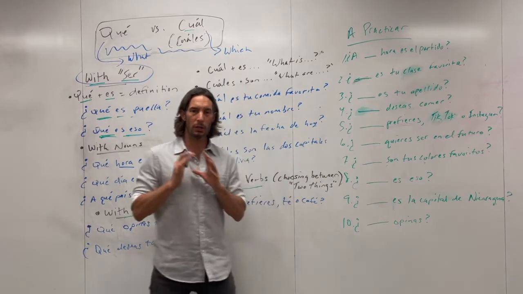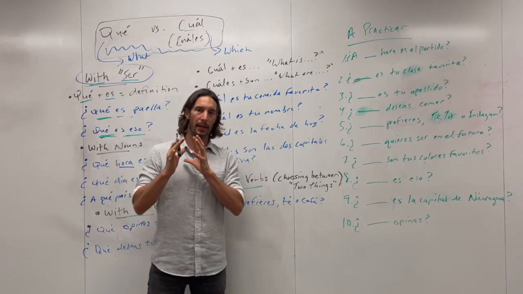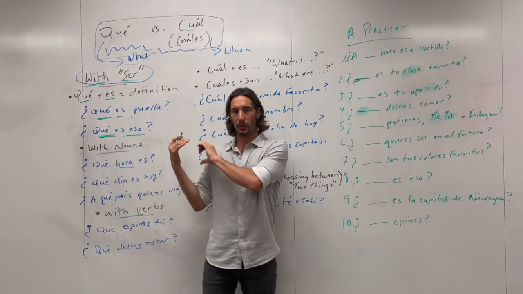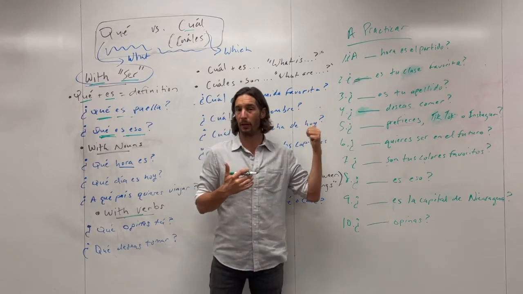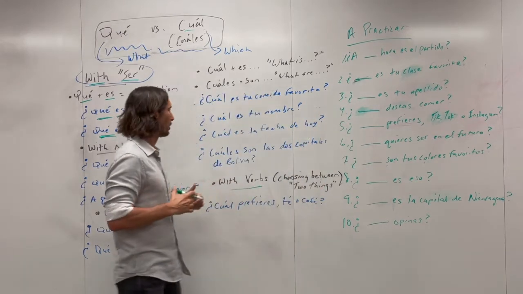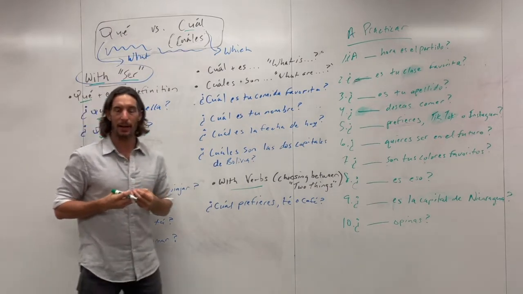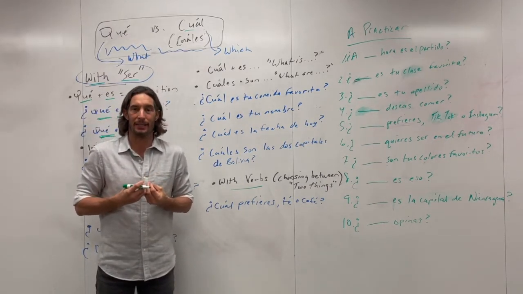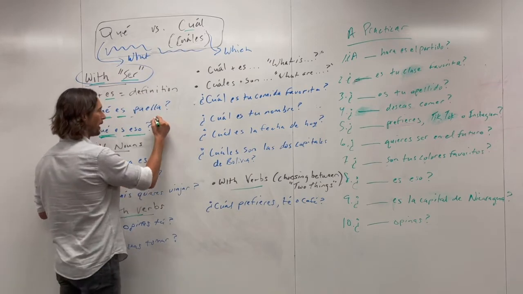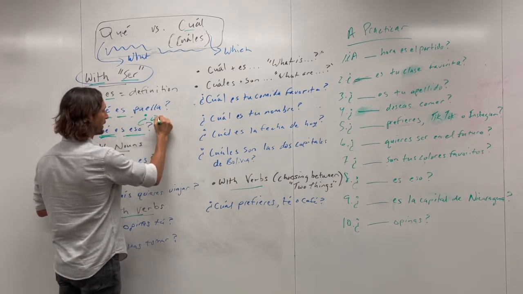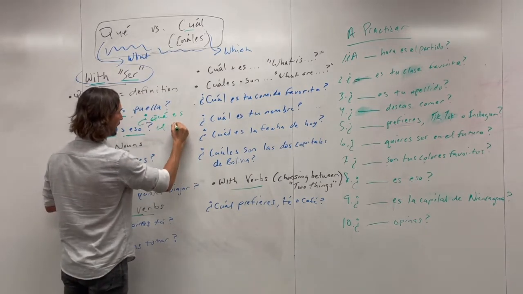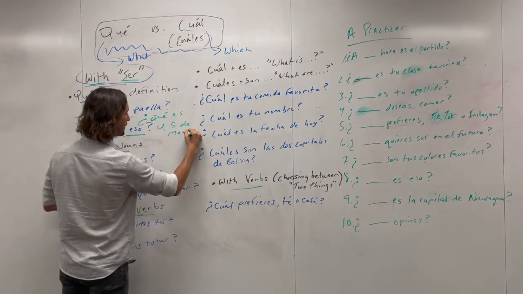And we're going to talk about how that combination is going to be different here than it will be here, and I'm going to get to that in just a bit. But just to reiterate, ¿qué es paella? Like, you don't know what paella is. Another one, just since we're here, we could put ¿qué es el 5 de Mayo?